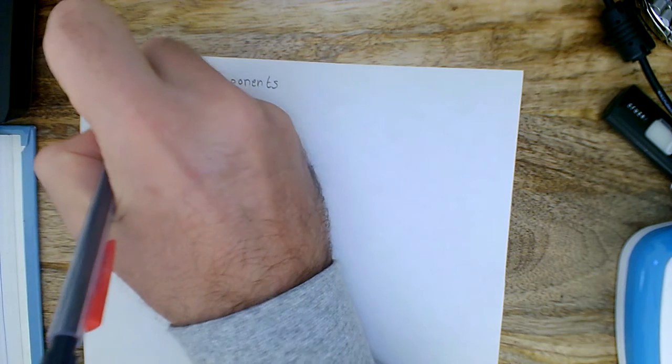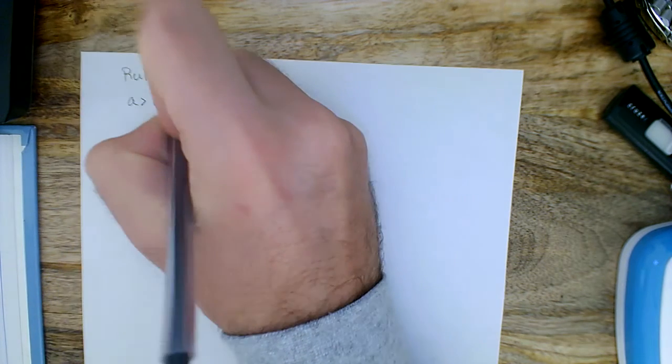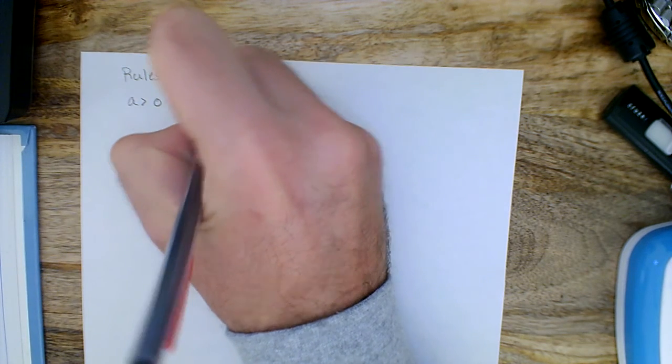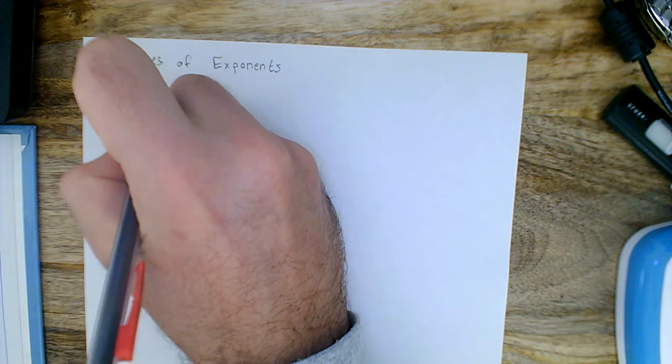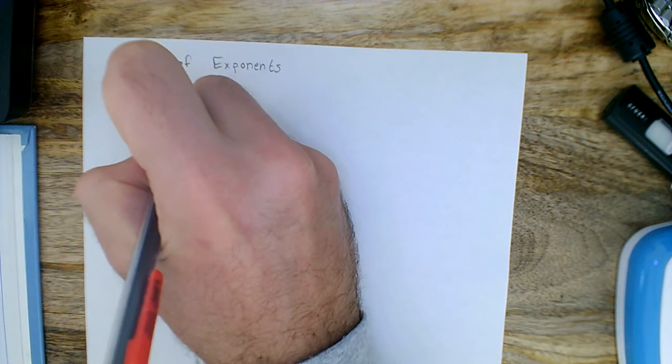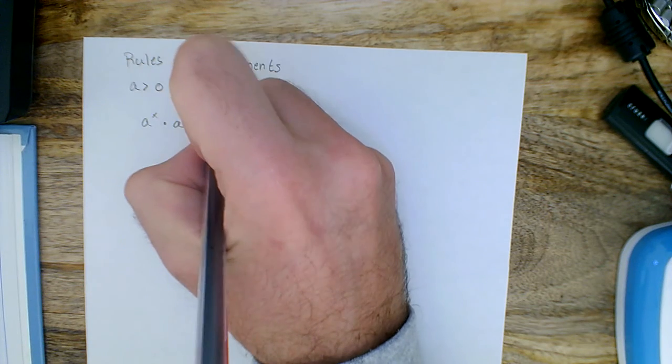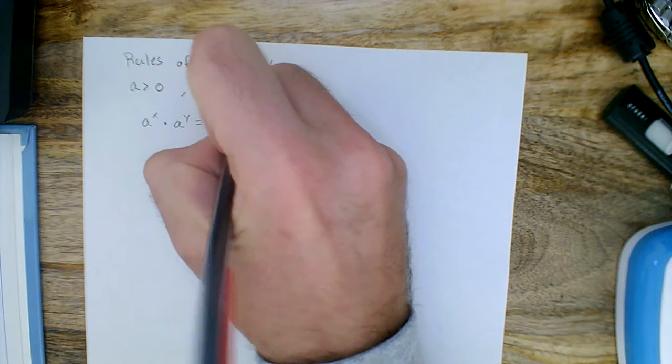We already talked about this, but I'm just going to go over them again. So a and b greater than 0. Then we have a to a number x times a to a number y equals a to the x plus y, right?